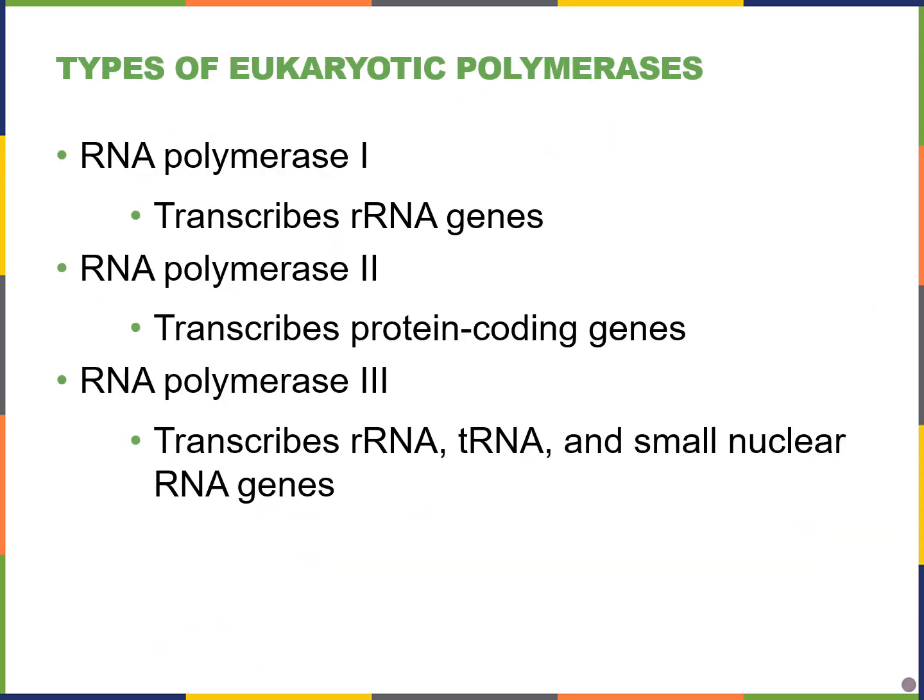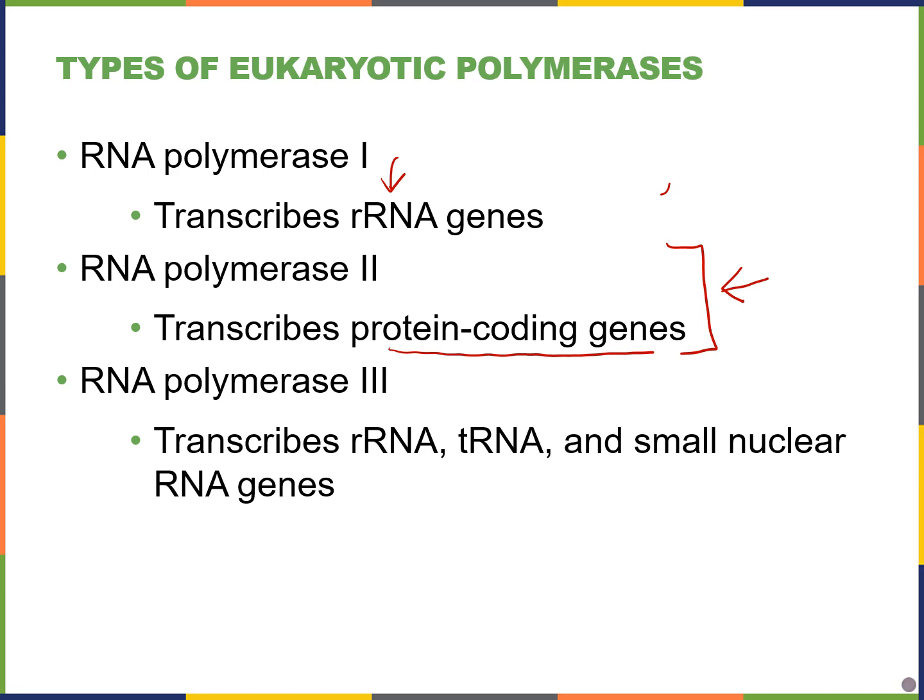Eukaryotic transcription is much more complex, and in eukaryotes we have 3 different types of polymerases, depending on the kind of gene you're going to be transcribing. RNA polymerase 1 will be transcribing ribosomal RNA genes. RNA polymerase 2 will be transcribing our protein coding genes, and this is the one we're going to mainly be focusing on for transcription.